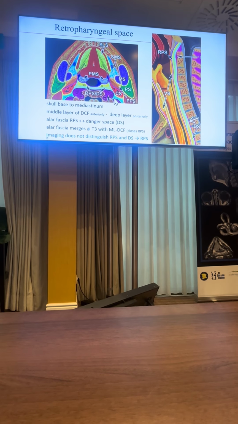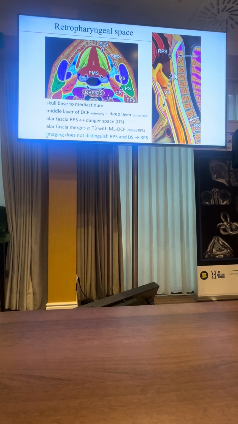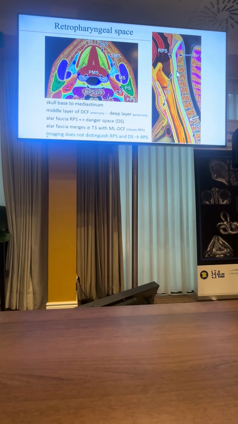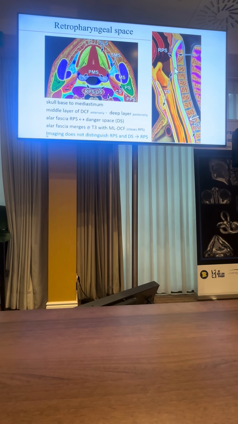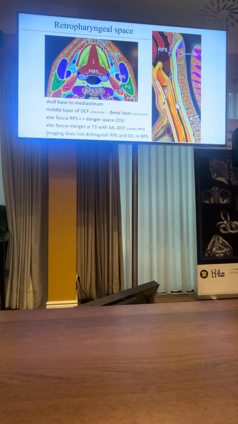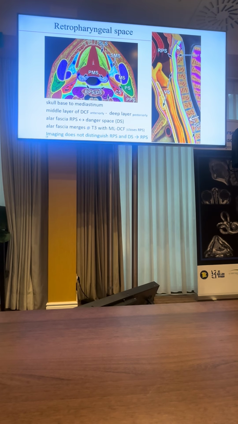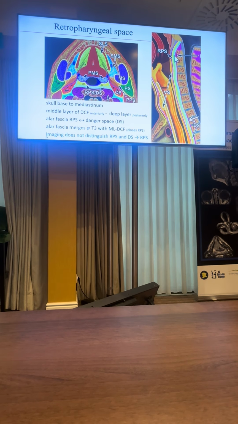Imaging does not distinguish the true retropharyngeal from the danger space. No way. Just keep this as a concept in mind, that the true retropharyngeal space closes at about T3, while the posterior compartment, the danger space, continues into the upper mediastinum.